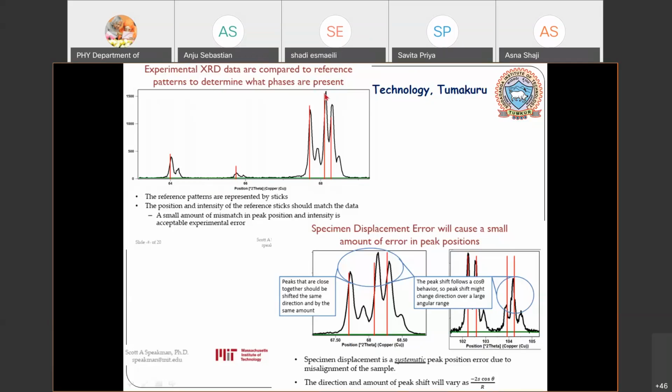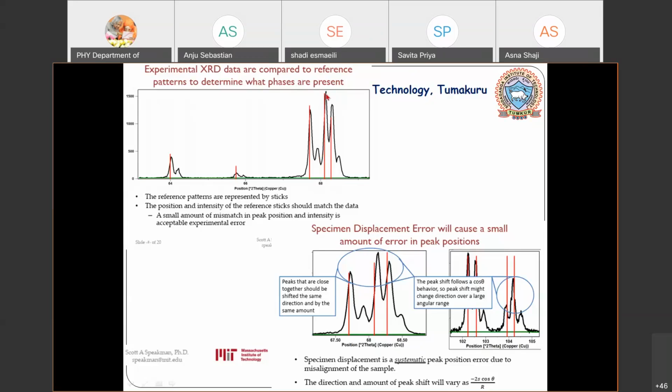But you cannot consider it a match when you miss some peaks. For example, in this case, this peak has more intensity compared to the next one. If you are able to see the small peaks but not the bigger peaks, then this is not a proper match. I cannot consider this my match.